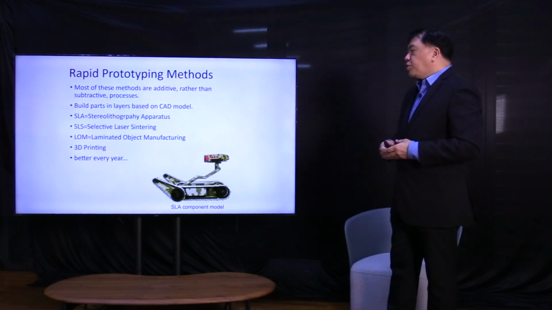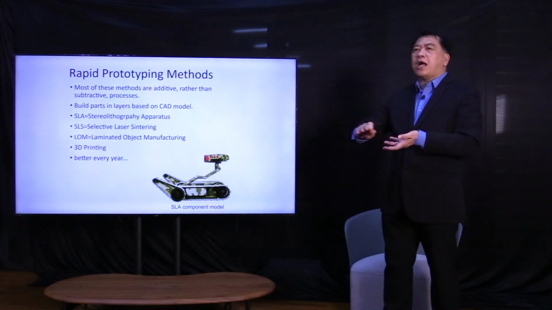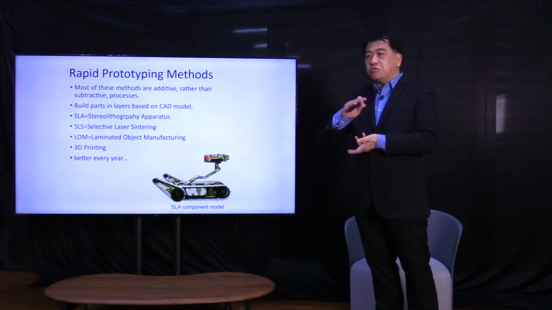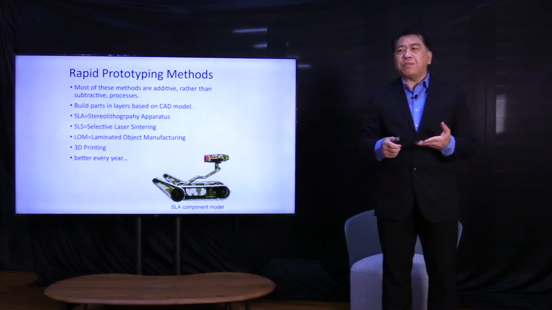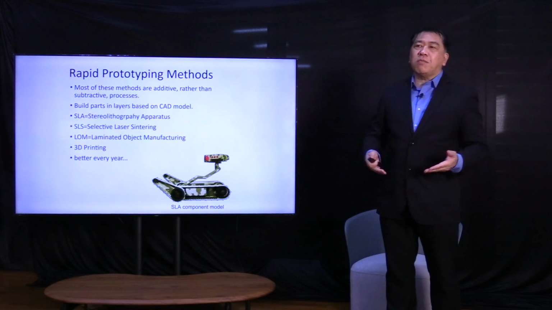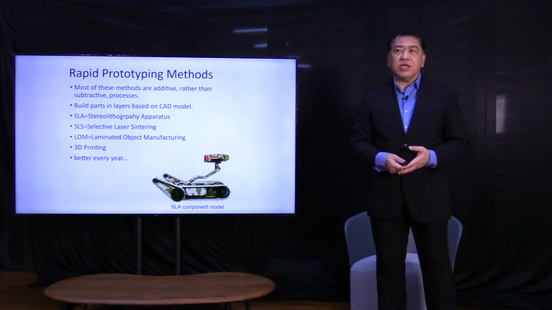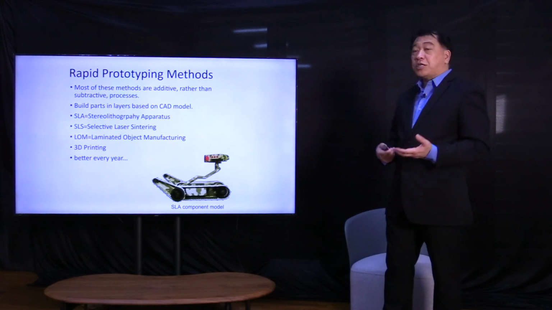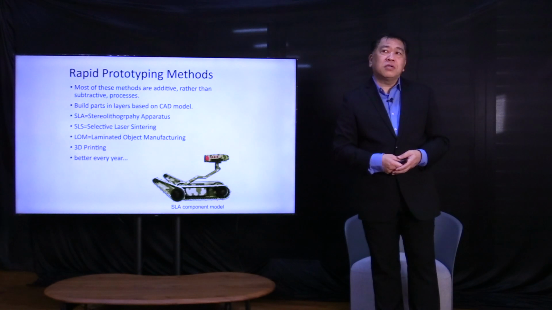Well, we can use laminated object manufacturing, which lots of people don't use, but it's just stacks of papers glued together. But 3D printing, what we call FDM, fused deposition modeling, is very, very common nowadays, all right? And we get better every year. We get better resolutions and also more flexible materials.